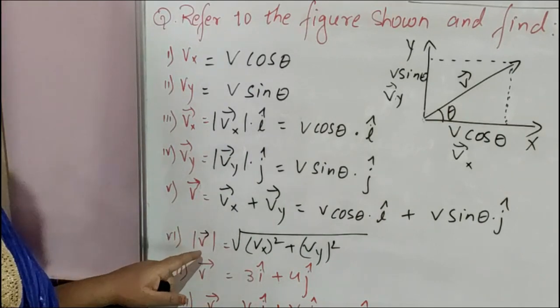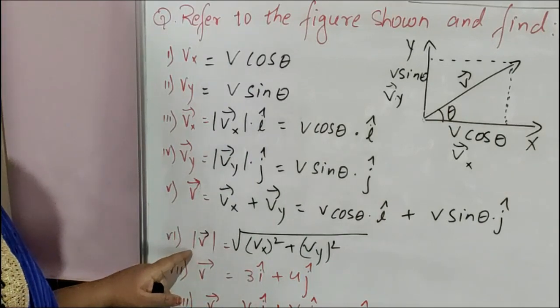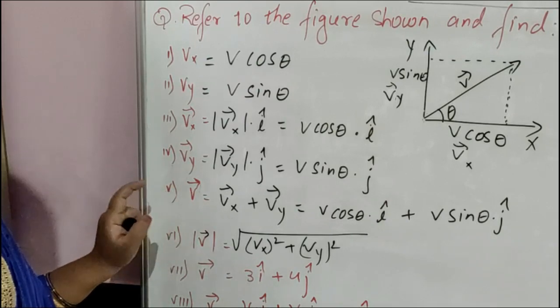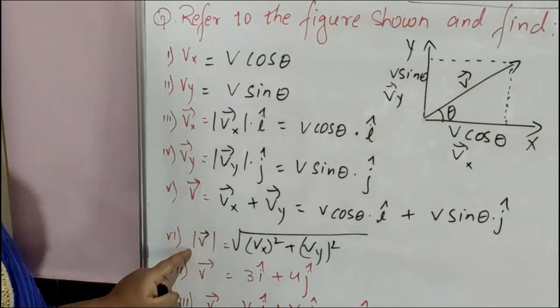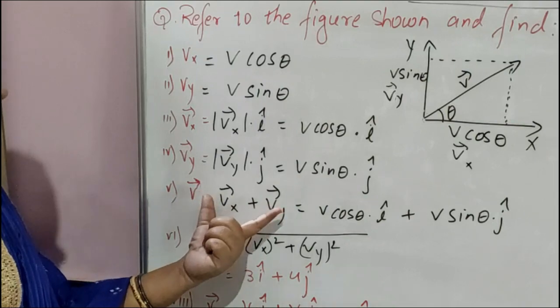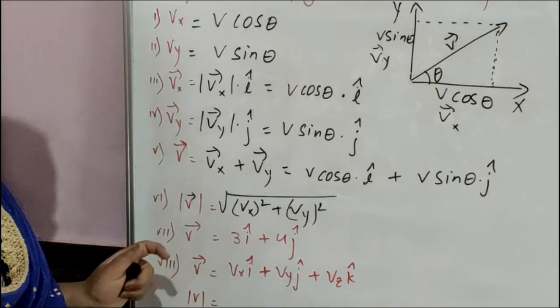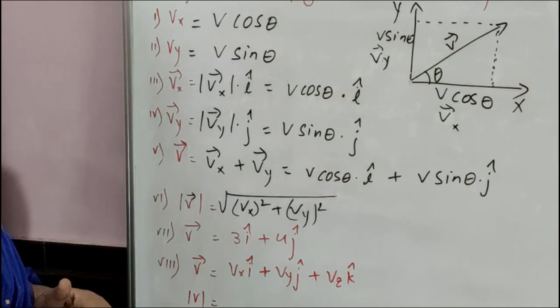Here what we are doing, children? Finding the magnitude. Vector V magnitude is mode of vector V, and its magnitude is this. Clear? Now we come to a problem.